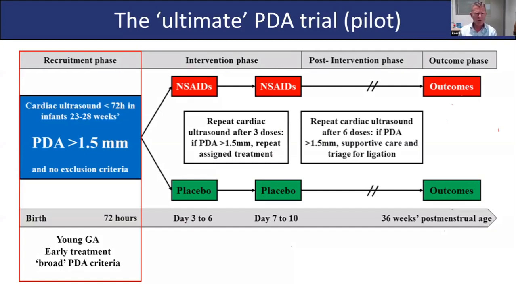We do not think that a PDA over 1.5 millimeters should be the only criteria to treat a PDA. But we like to do a big trial so you can do subgroup analysis afterwards. Which one of the added ultrasound or clinical criteria will actually best select babies who can benefit from treatment?